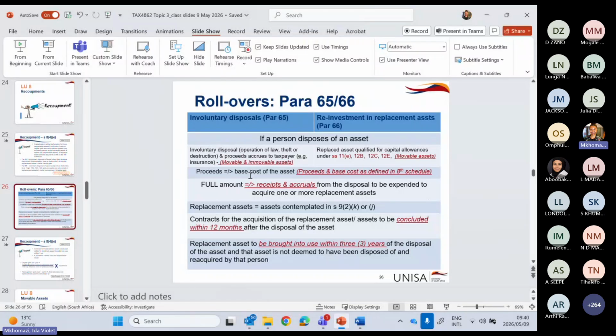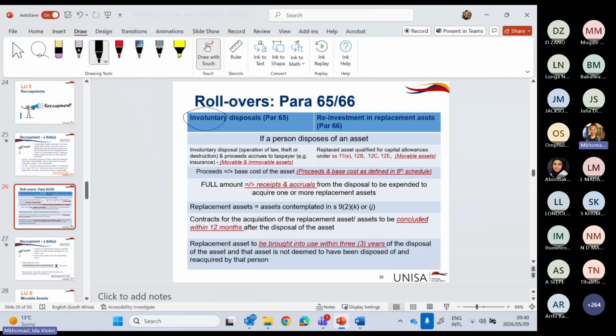So this particular slide just provides the requirements of when you apply paragraph 65 or 66, right? So paragraph 65 applies to what we refer to as an involuntary disposal. Involuntary because this disposal happens because an asset was destroyed or an asset was stolen or there was some destruction with that asset.